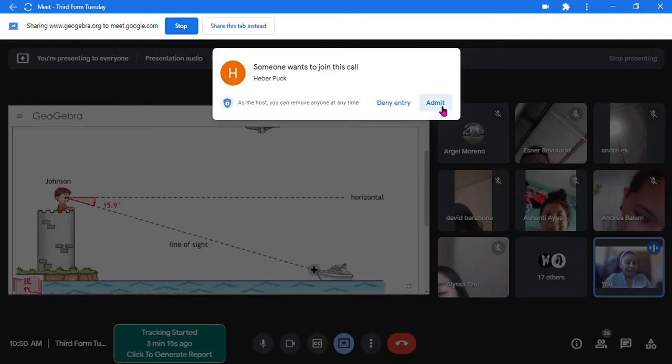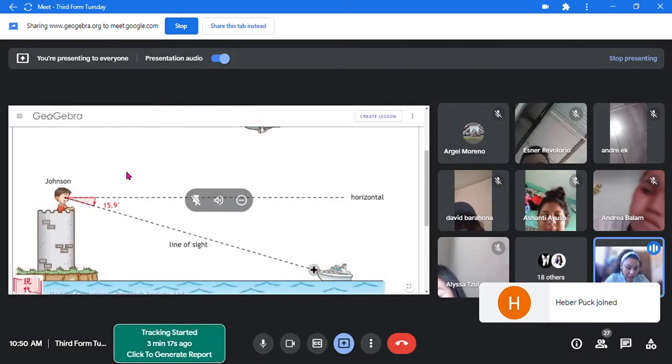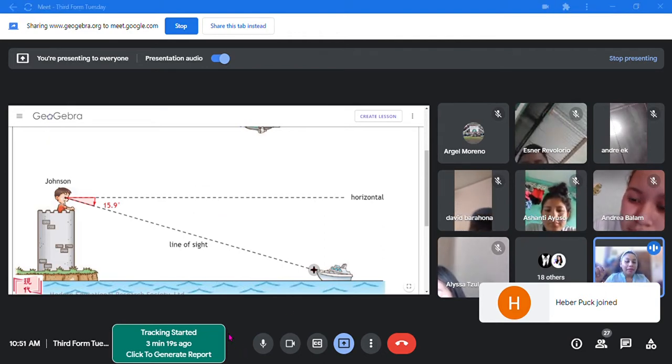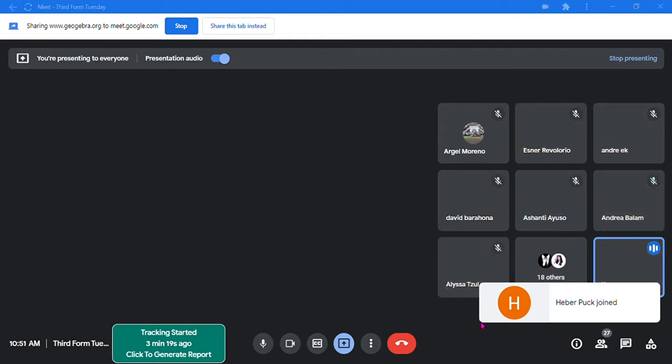And the angle of depression changes depending on how low I look at something. So if he wants to look at something that is over here, then the angle of depression decreases because he didn't look too much down.